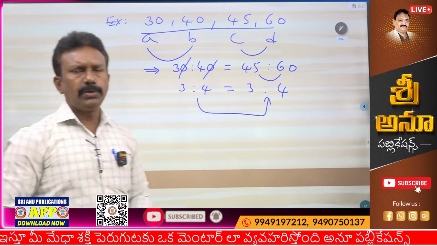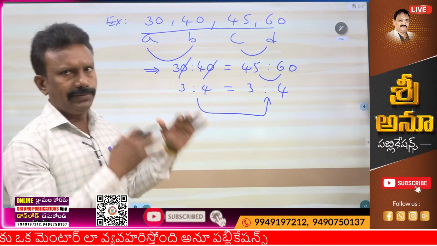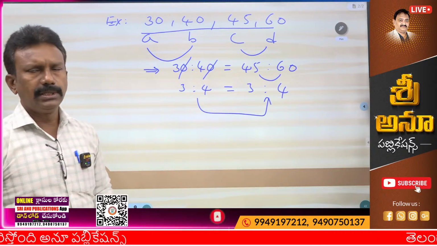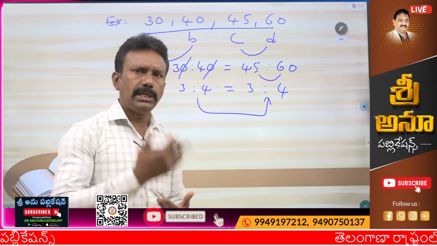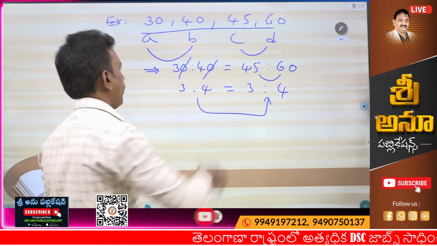So the next important concept is types of proportion. This was only the definition of proportion and one example, right? The next concept is types of proportions, and after that we check the related examples.